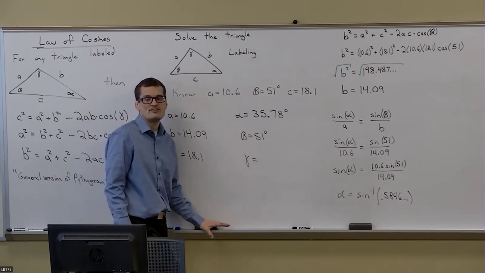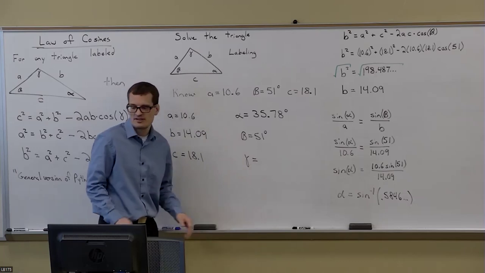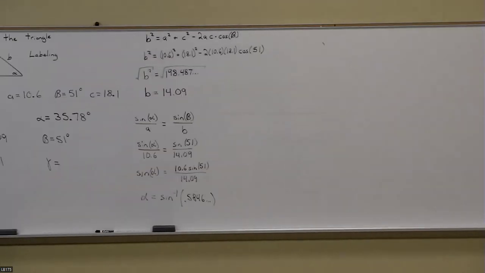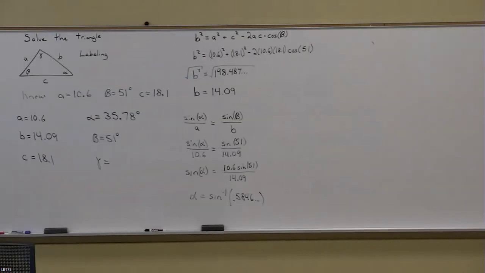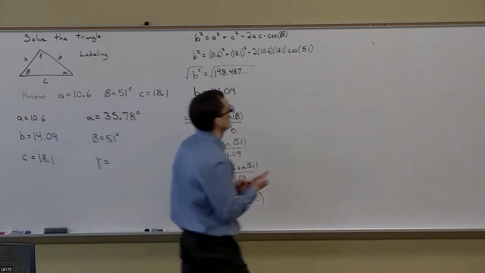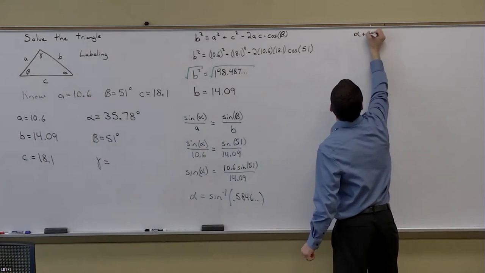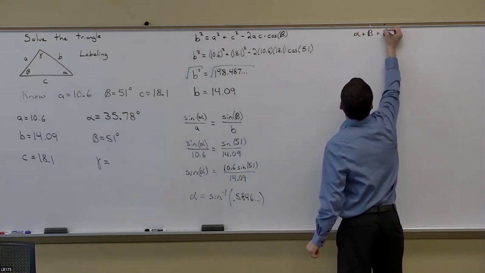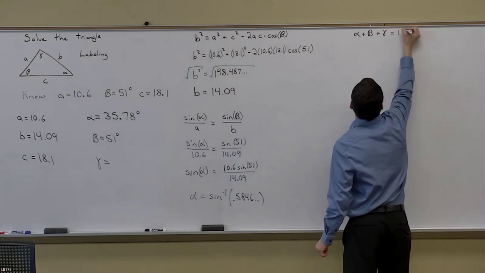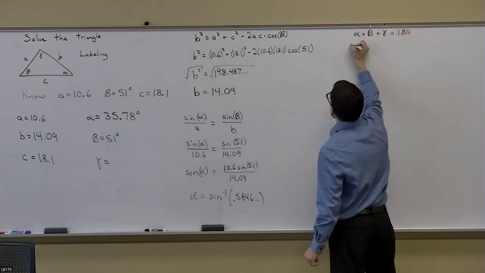So I tend to choose the easiest path. If I have an option of choosing the hard path or the easy path, choose the easy path, right? Usually it's the least amount of work to say three angles add up to 180.